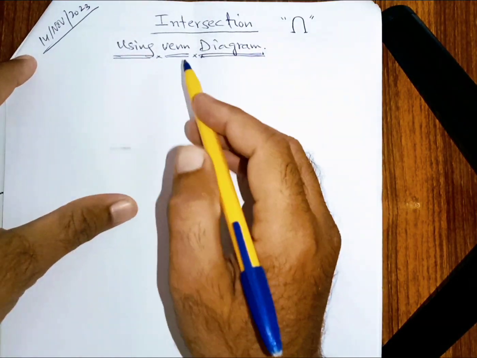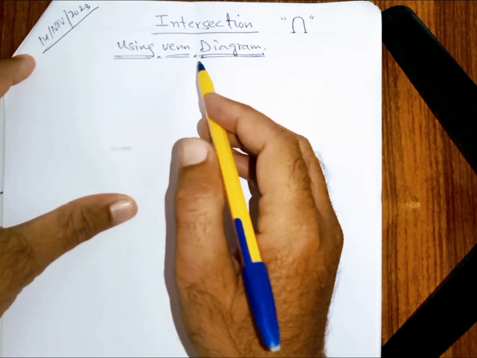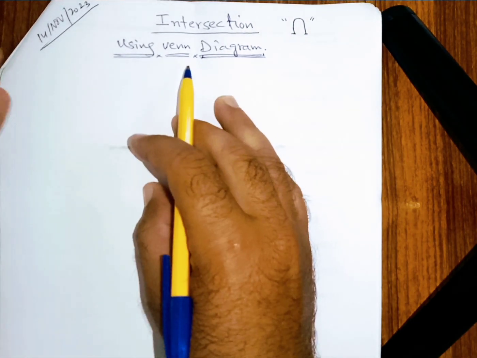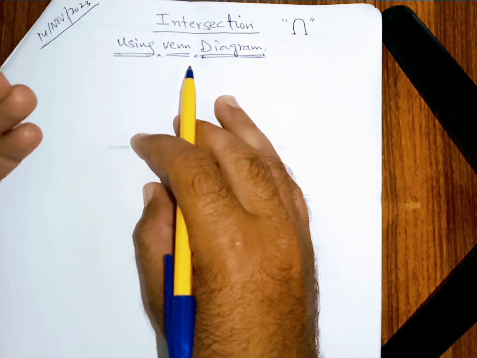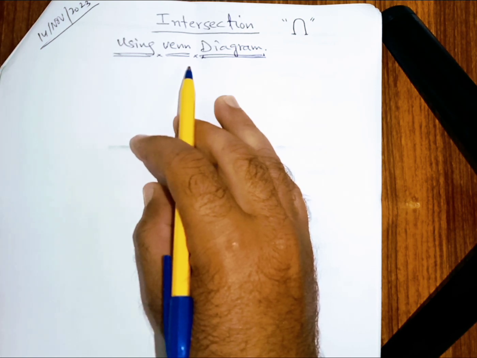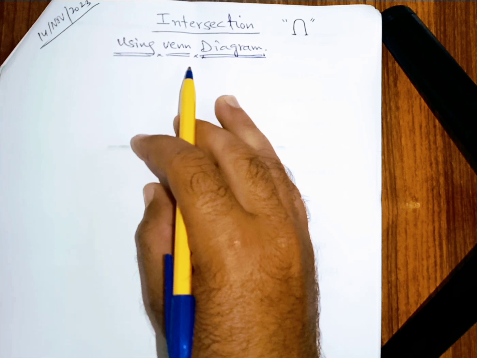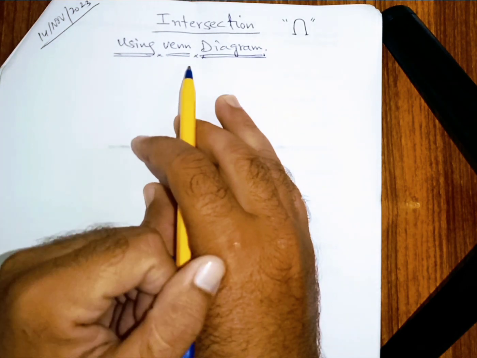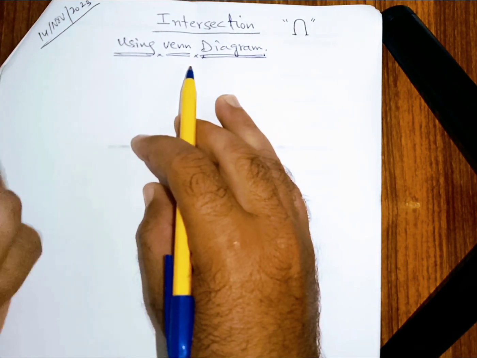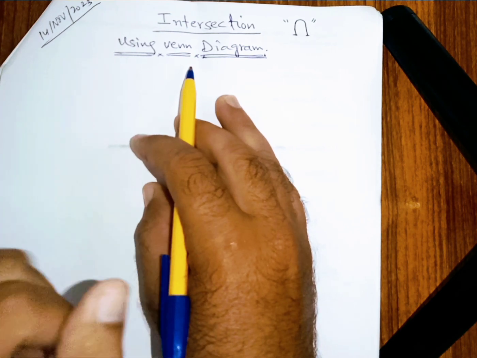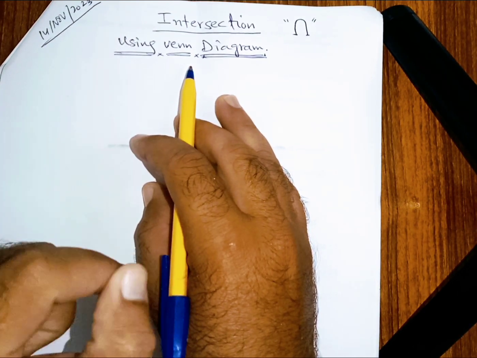Okay, so as you know, we have already discussed Venn diagrams. We have understood the lectures regarding the different types of Venn diagrams, like overlapping sets, subsets, and disjoint sets. So we have three different types of Venn diagrams that we use to represent most sets.